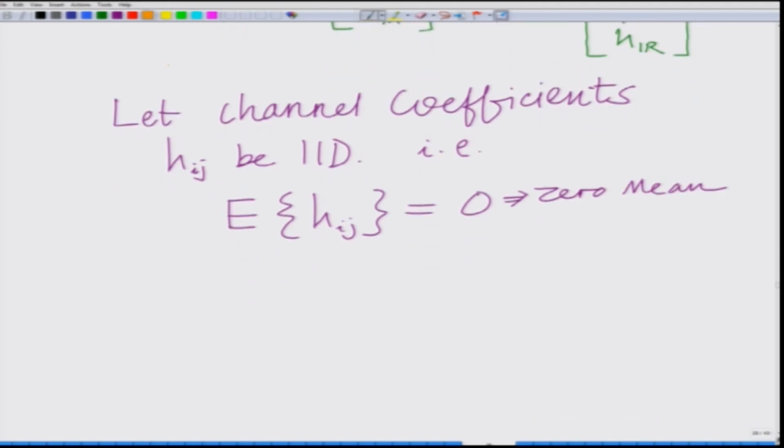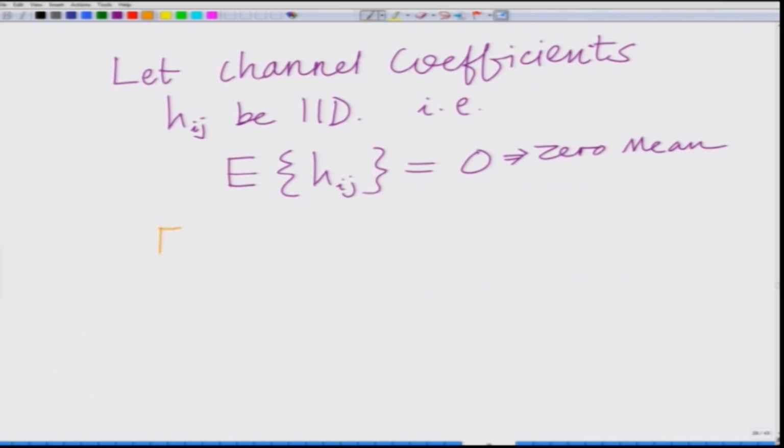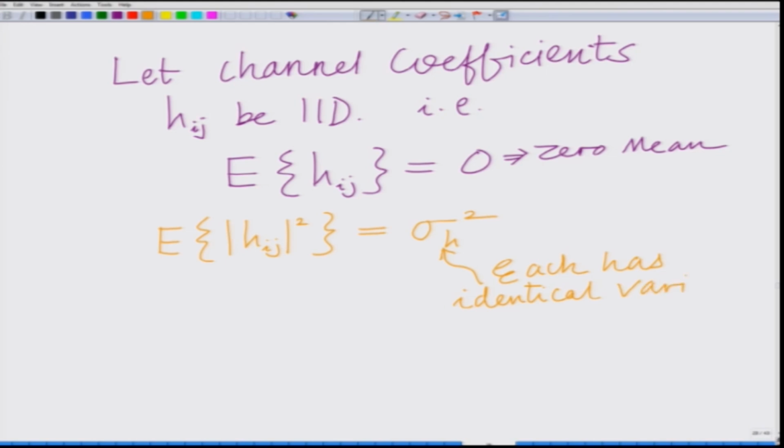Let us also assume they have identical variance: expected value of magnitude Hij square equals sigma h square, that is, each has identical prior variance sigma h square.